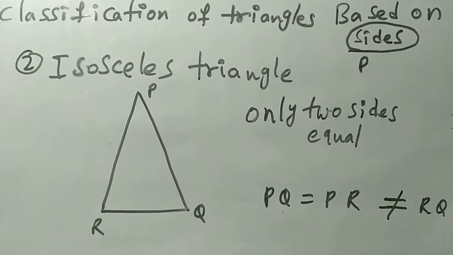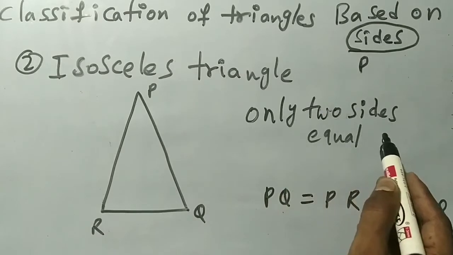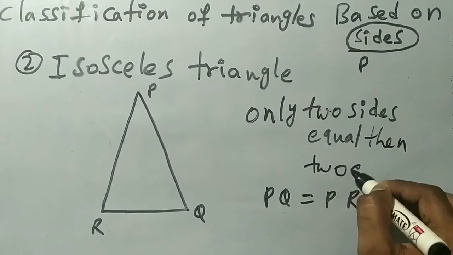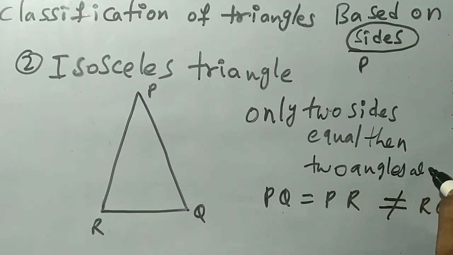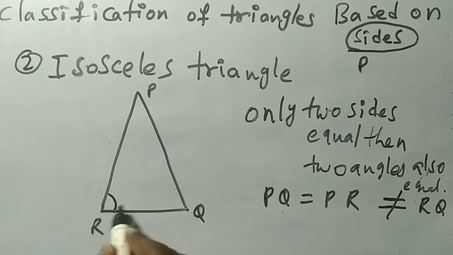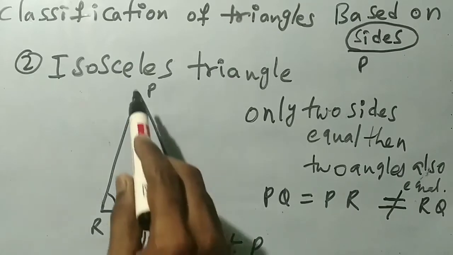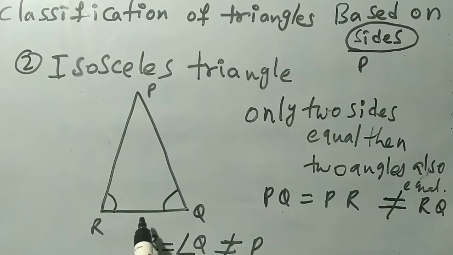In the isosceles triangle also, when two sides are equal, then two angles are also equal. That is angle R and angle Q. Angle R is equal to angle Q, but angle P is not equal, because we know that an isosceles triangle has only two sides equal. The other one, the opposite side, is not equal.